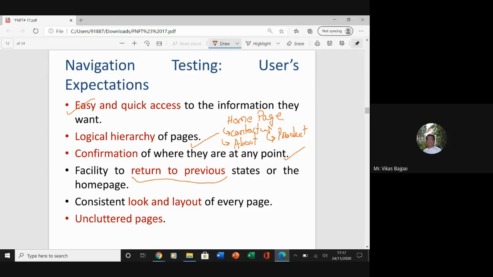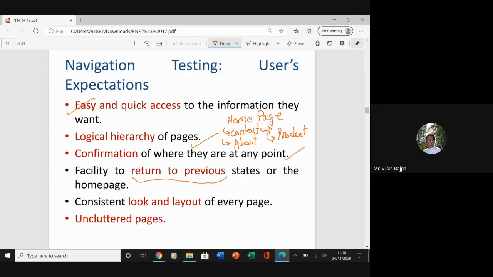So that particular link will always be there, and moving to the previous, that means moving to the back, will always be there. Consistent look and layout of every page, right? So there will be a pattern of layout. It should not be like the first page is red, next page is blue, afterwards it's orange.